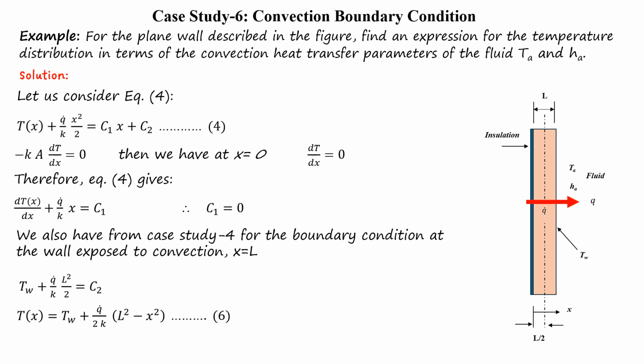Substituting that in the general form of equation number 4, we get the temperature distribution in terms of the wall temperature and the heat generation per unit volume, as represented by equation number 6.